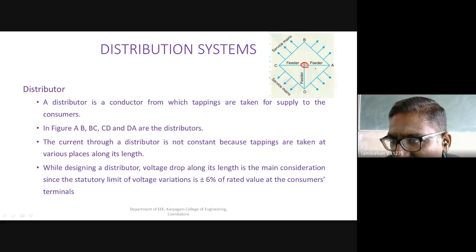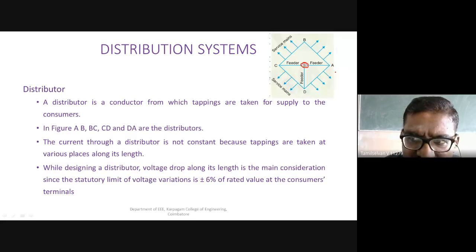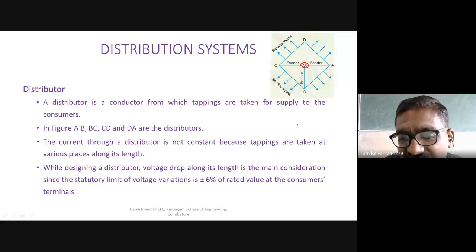If you see in this diagram, AB is one feeder, BC is one feeder, CD is one feeder, and DA or AD is one distributor. The service mains are connected only to the distributor.